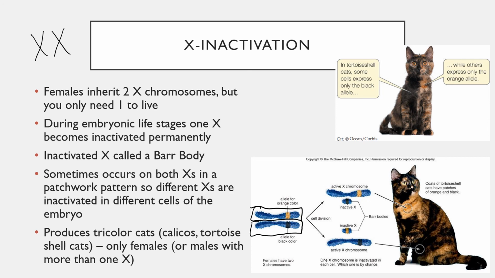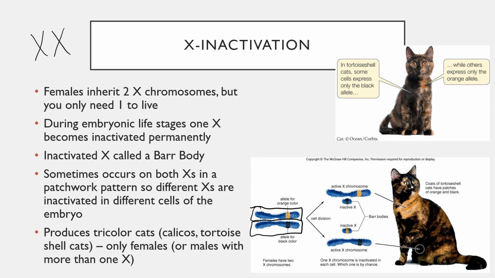So they will have orange fur being expressed in some parts of their body because the orange allele is the active one and the black allele was deactivated. And then the black allele is going to show up in other places because it was the one that was kept normal and they deactivated the orange color. So you get these really awesome patterns all because of that X inactivation.